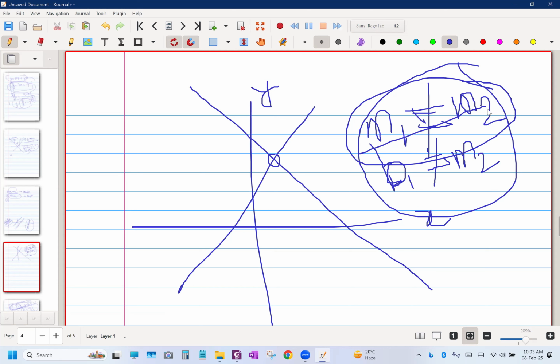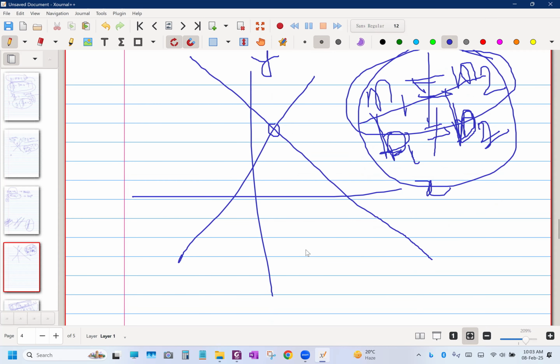When M1 equals M2, the situation arises where they are parallel. I'm sorry, I have written M1 here. This is B2, this is B1. In the case of intersecting each other, M1 is not equal to M2. And this is the meaning of having a particular solution, or having a solution.